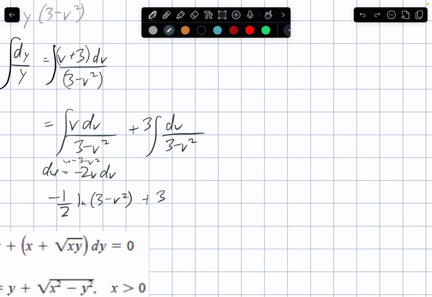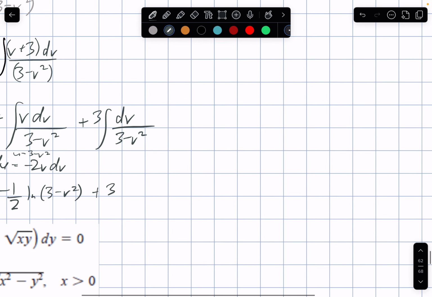How do we integrate this? Can we even factor 3 minus v squared? I don't think so. I give up.